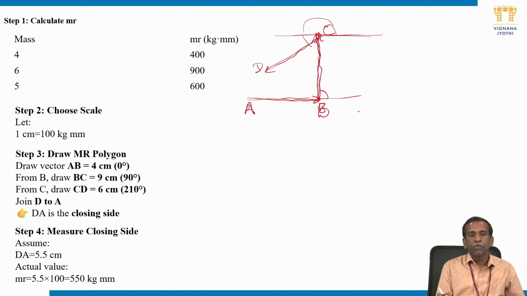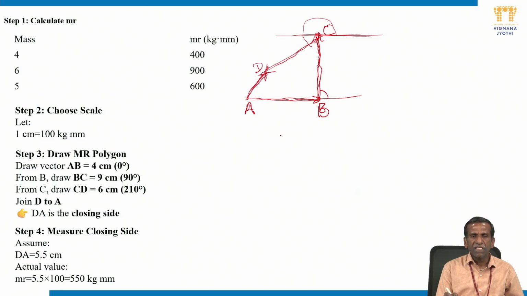Obviously, to maintain balance, how do we get the balancing mass required? This closing side, DA. DA is basically the resultant of all these forces. So you measure this length DA, the resultant of all these forces, and apply the scale.